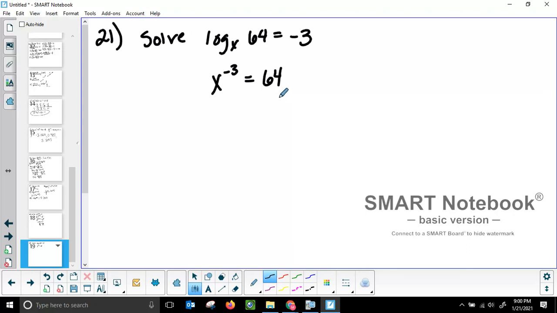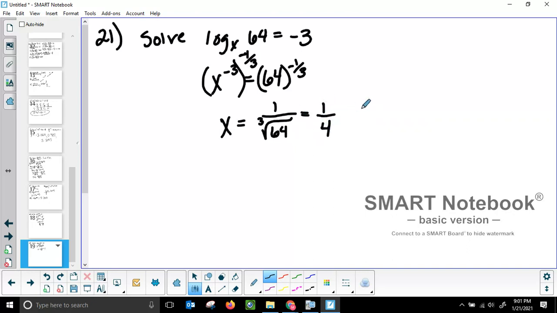So what to the negative third power would be 64? You can actually just raise both sides to the negative 1/3 power. So this will give you x to the first, which is just x. And 64 to the negative 1/3 power is simply 1 over the cube root of 64. Cube root of 64 is 4, so this is just 1/4.